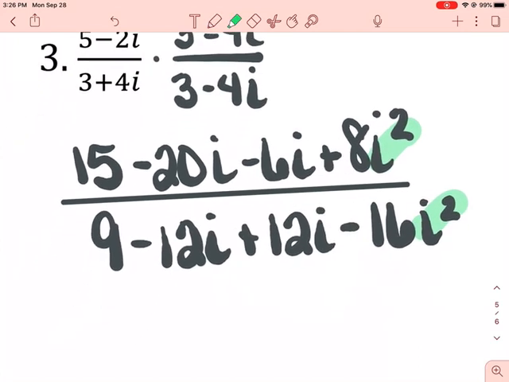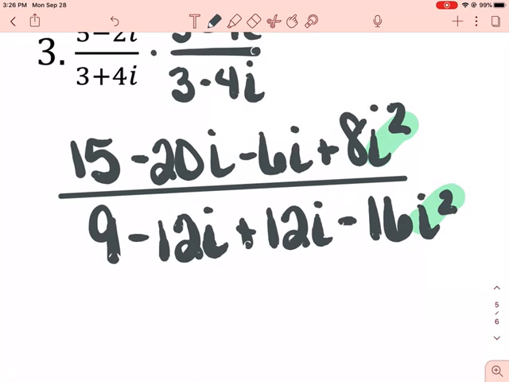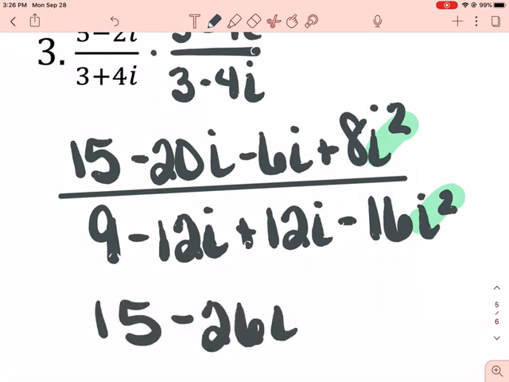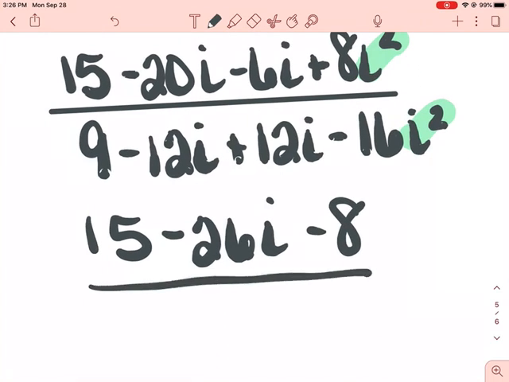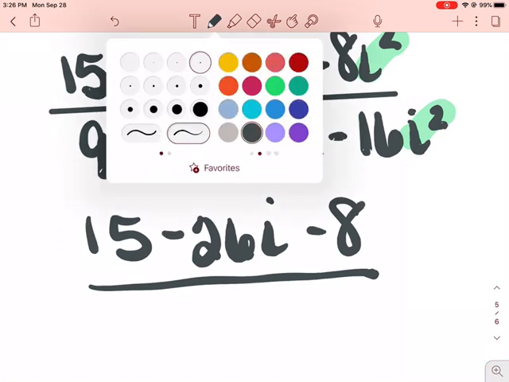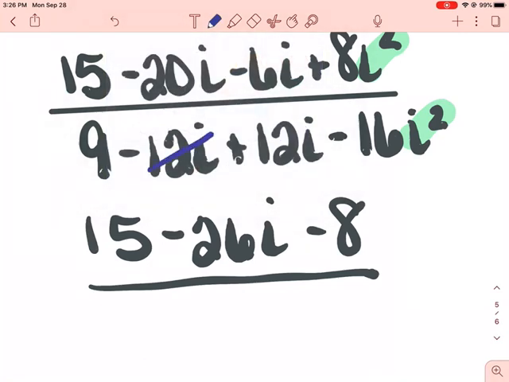Okay, so both i squareds here are going to become negative 1. All right, so the numerator, the top, is going to be 15 minus 26i minus 8. Again, you can do that all at once if you wanted to combine them. That's fine. I just want to make sure everybody understands where everything's coming from.